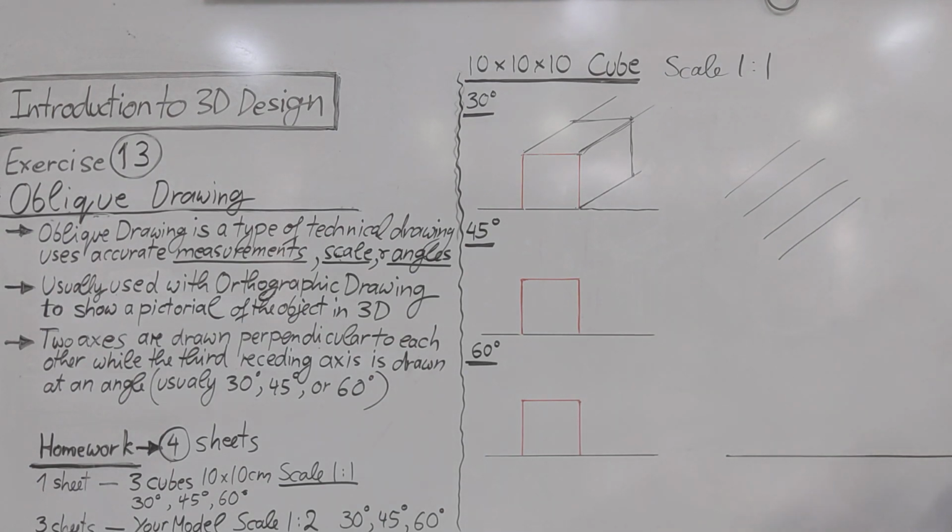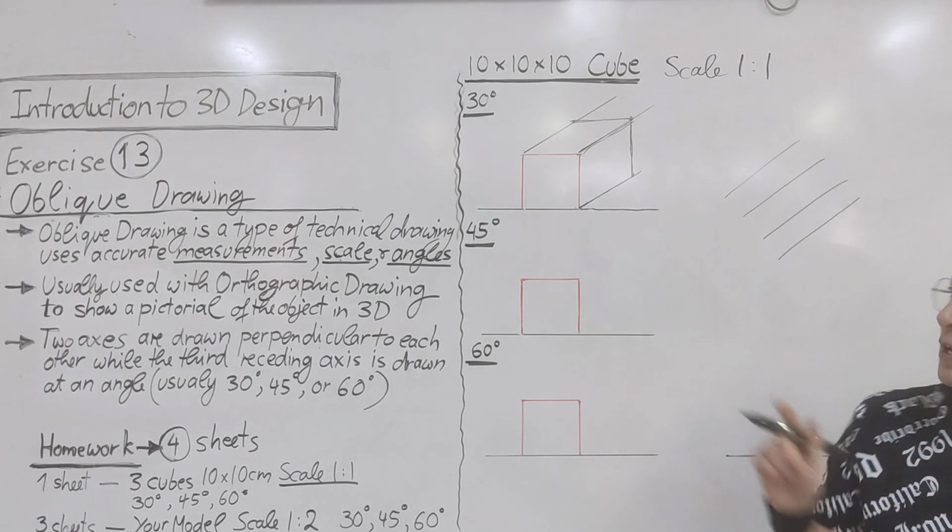In perspective, we have lines that go towards a vanishing point. This is not perspective. These are parallel lines. Here, the measurements become smaller and smaller as you go to the vanishing point, but we don't have this here. The oblique drawing is a technical drawing.